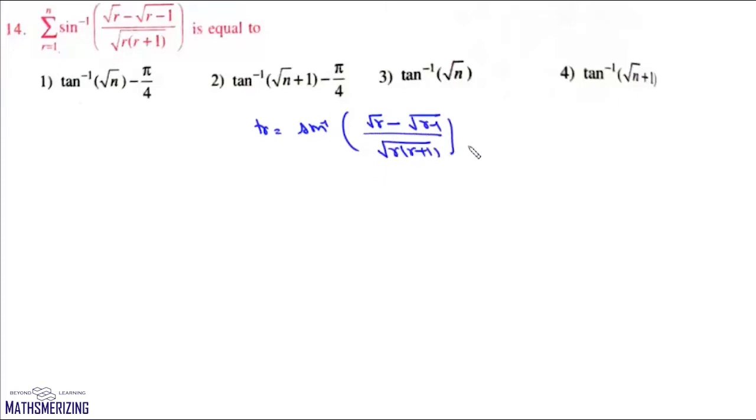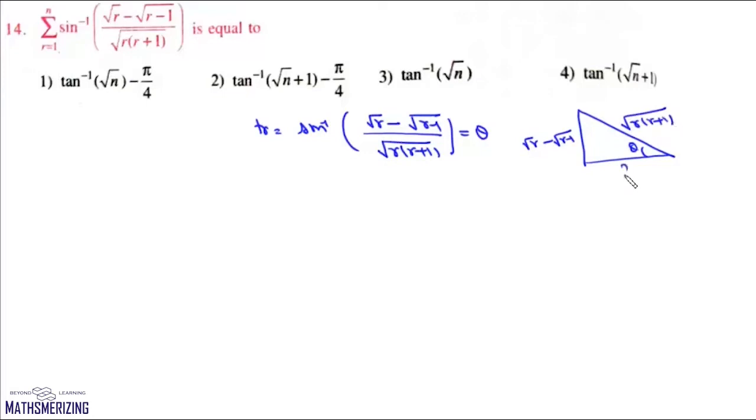Now one of the ways of solving this question is to change it in terms of tan. So we'll take this as theta, then sin theta will be under root r minus 1 upon, and here it will be under root of r into (r plus 1).